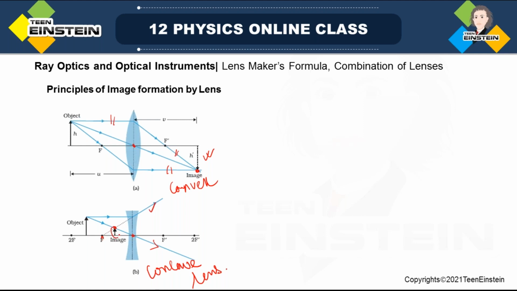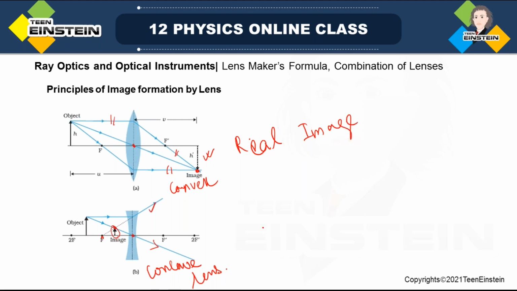So in this case you will have this image, and this image is actually a virtual image, because the rays are not really meeting. You have to trace back to make the light meet over here. So this kind of image is called a virtual image, and in this case this is a real image. When two rays are really meeting, a real image is formed.